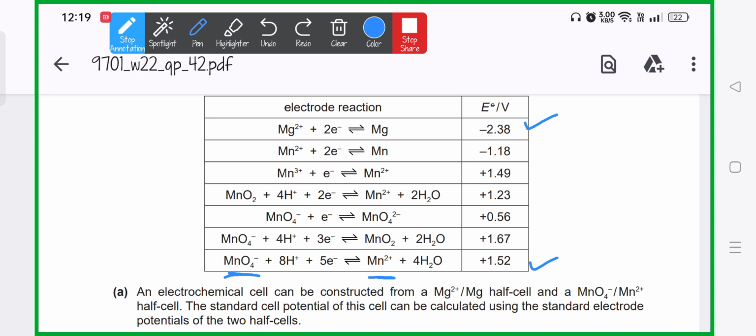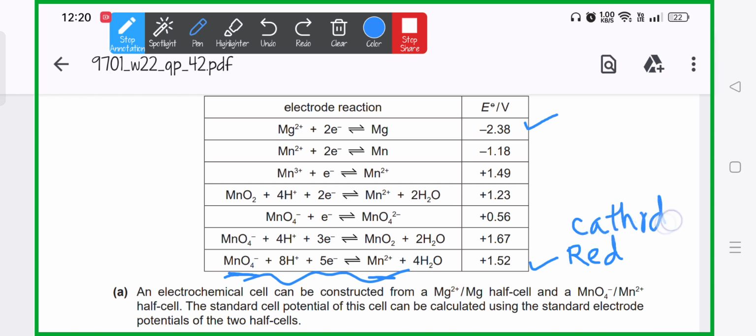We already know that the more positive the electrode potential value, the more the reactant will be reduced, meaning a reduction will happen on this side, and with smaller electrode potential values, oxidation will happen in that half cell. So according to the diagram that I have made, the half cell where this reaction is happening will be considered the cathode.